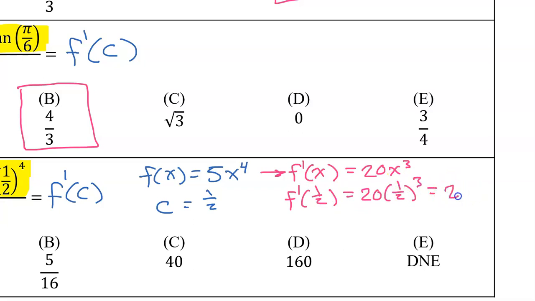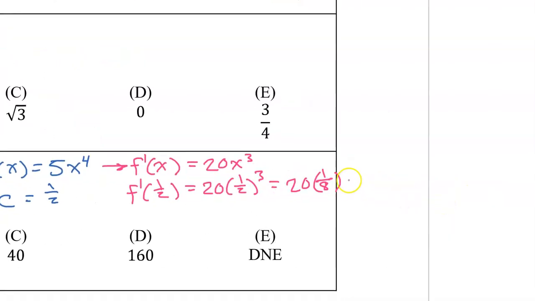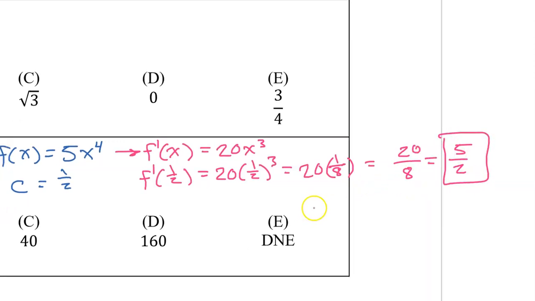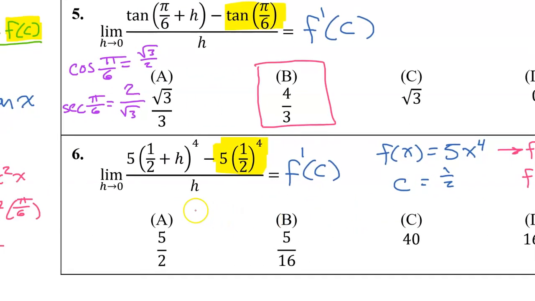So just evaluating, I have 20. 1 cubed is still 1. 2 cubed is 8. So I have 1/8. This would be the same as 20 divided by 8, and this will reduce down. All right, dividing each of these by 4, that's going to be 5/2. So that should be the limit. So the answer is A.